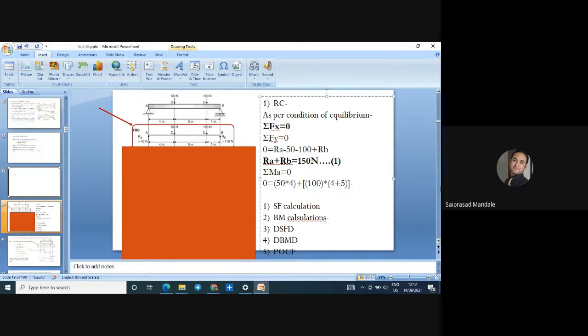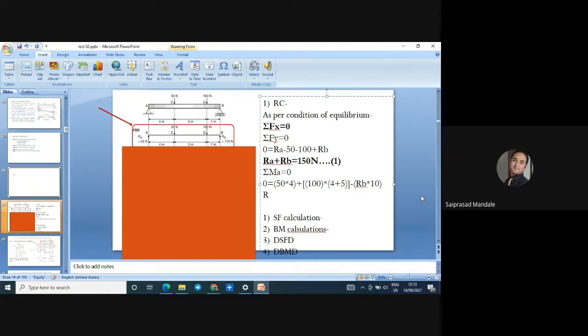Minus, now RB is moving in the anti-clockwise direction, so it is RB into 4 plus 1 plus 5, that is 10. So only one term is unknown here, and we can put in the remaining values and calculate RB.